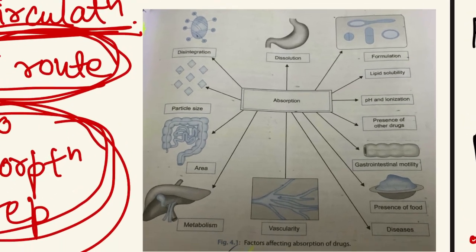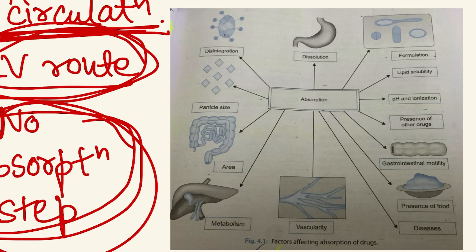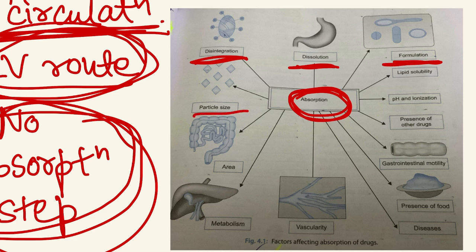Now in this image, you can see the different factors which are affecting the absorption of the drug. So it includes the disintegration time, the dissolution time of the drug, different formulation of the drug, the particle size of the drug, area of the absorbing surface, the lipid solubility of the drug, pH and ionization of the drug. Presence of other drugs will also affect the absorption of the drugs.